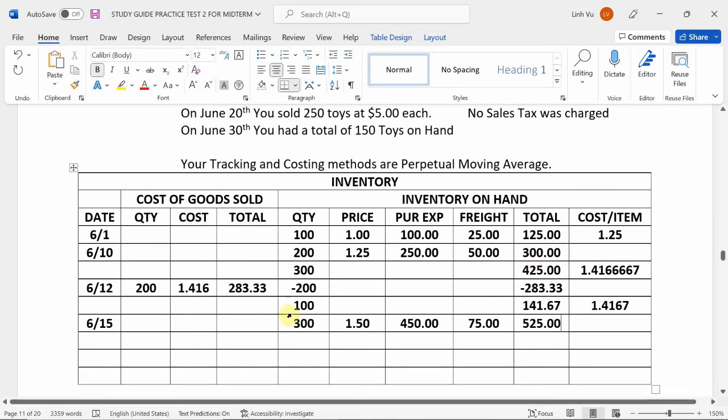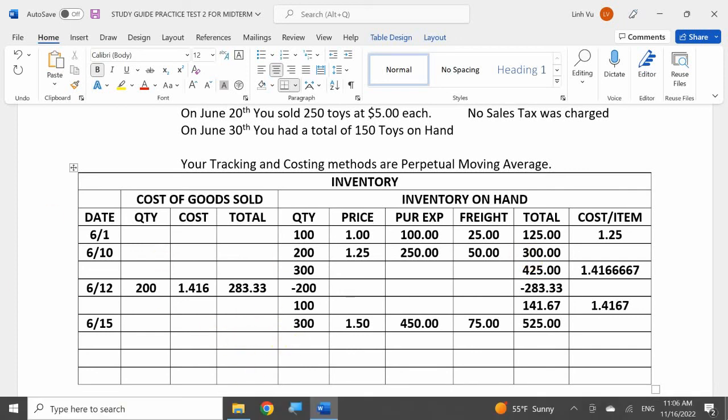So now I need to add those values up because now I have 400 units available at a new total cost of 666.67. So therefore 666.67 divided by 400 should give you 1.666, four sixes, 75.